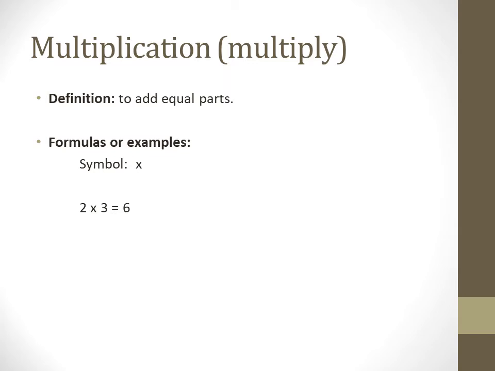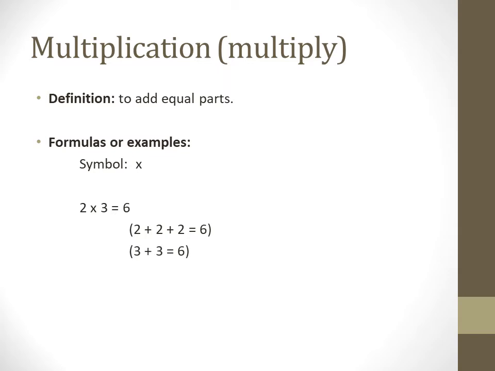Now, getting to that definition, to add equal parts, let's break it down like this. All right? We can consider it like this. 2 plus 2 plus 2 equals 6. We're taking 2 and we're adding 3 equal parts.